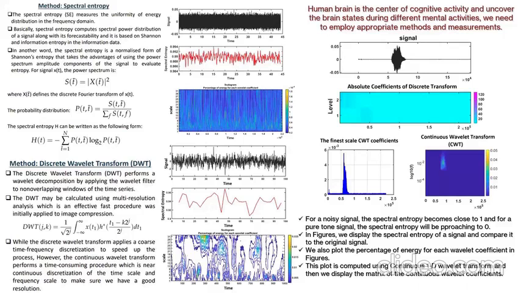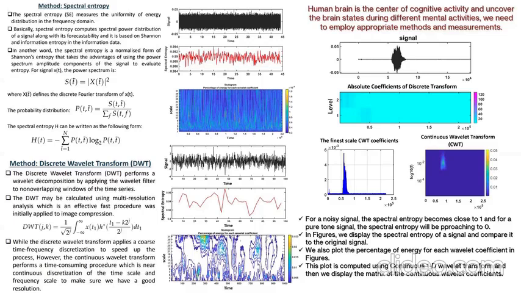Let's look at the different methods and approaches that we applied in this study. One of the methods is spectral entropy, as we mentioned. The spectral entropy measures the uniformity of energy distribution in the frequency domain. Basically, spectral entropy computes the spectral power distribution of a signal aligned with its forecastability, and it is based on Shannon information entropy.